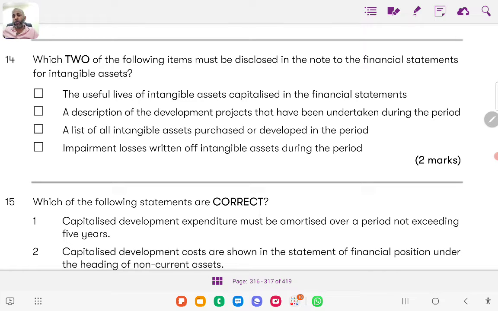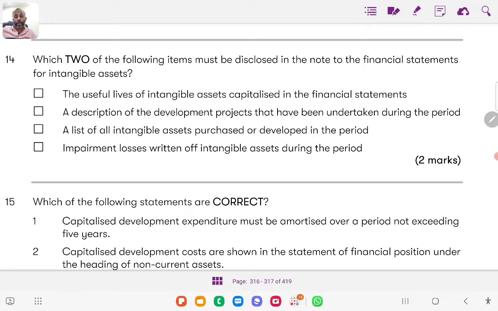If you try to recall, intangible assets come from IAS 38, which mainly discusses research and development and other pertinent intangible assets: goodwill, patent, royalty, and any other respective intangible assets.